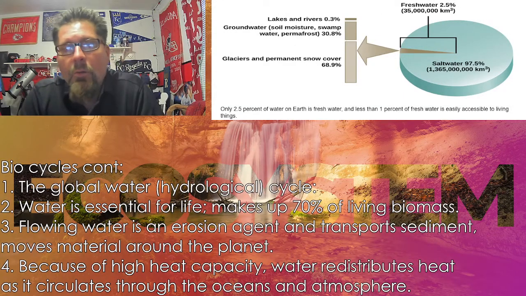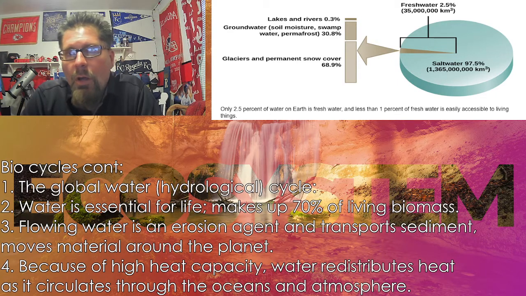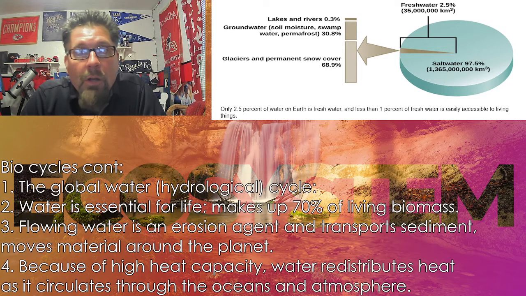Okay, starting with the water cycle and some background information, you can see in this diagram beside me, besides the text below, that of all the water in the world, and of course 70% of the earth is water, and ironically that's kind of the same percentage within our body as well.